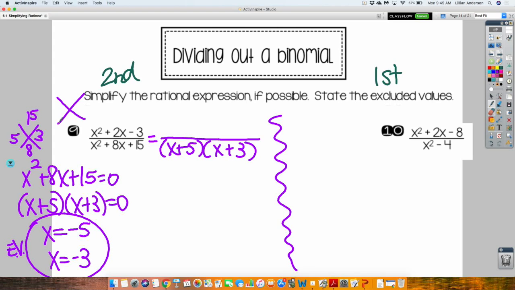What goes on the top? -3, 2 on the bottom. I'm looking for two numbers that multiply to give me -3 and add together to give me 2. What are those? 3 and -1.